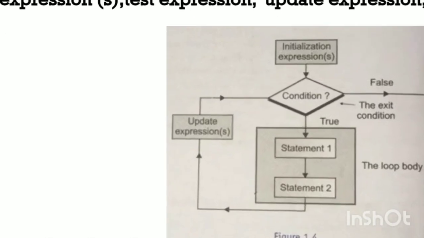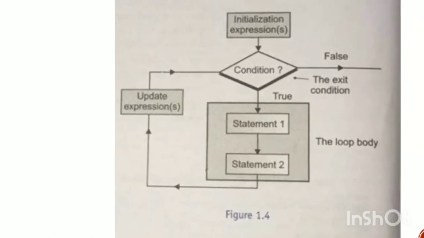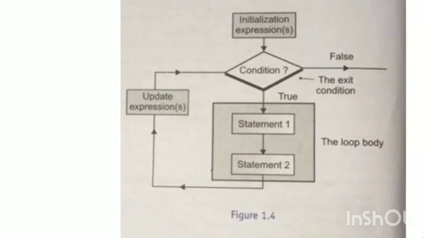I want you to look at the picture. After getting the initial value, it checks the condition. Once the condition is true, it executes statement 1, statement 2, then it updates the expression. For example, the initial value is a equals 5, and the condition is a greater than 10.